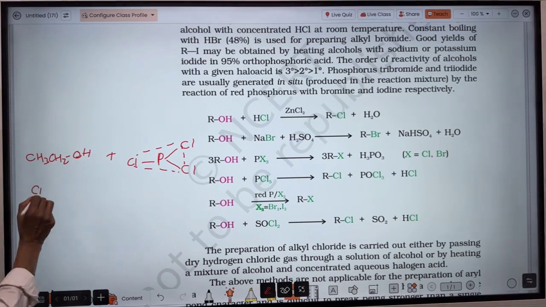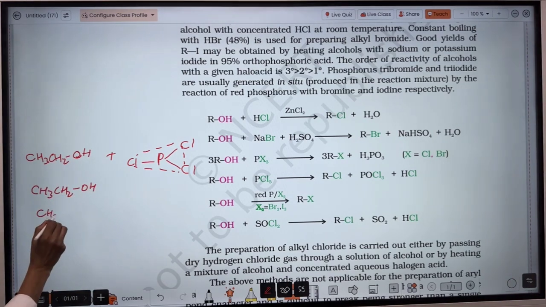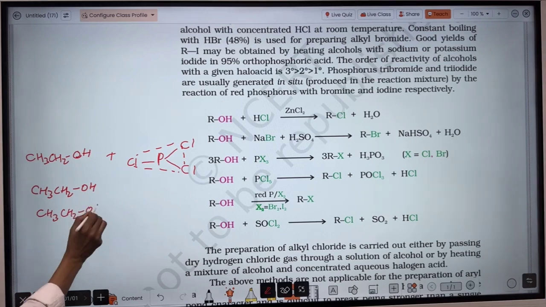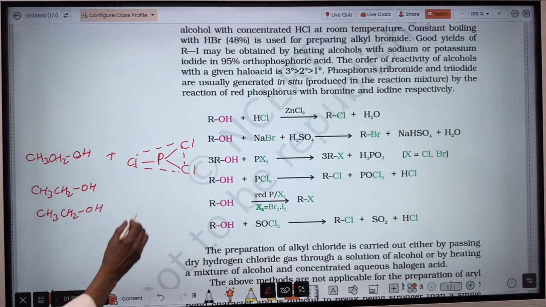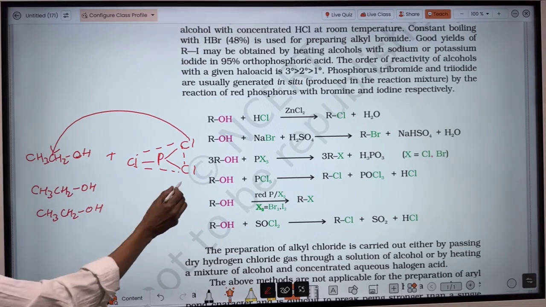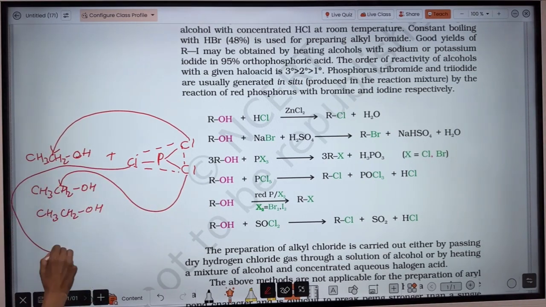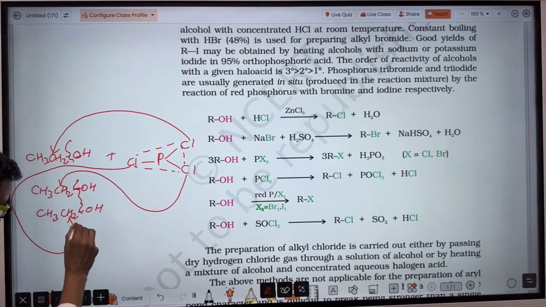So actually there will be 3 alcohol molecules here. What happened? This chlorine atom will combine to this carbon, same for this chlorine and this chlorine with their carbons. So from this portion OH releases, from here OH releases and from here OH releases.